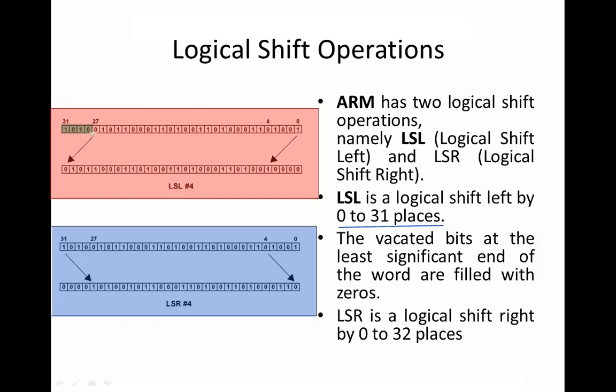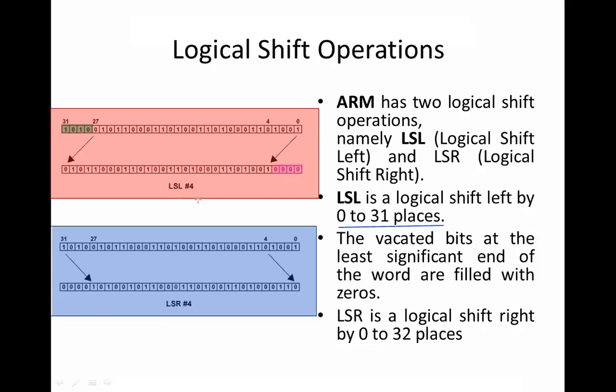It has just shifted left. And what happens to the remaining bits? The remaining bits on the LSB side are going to be filled with zeros. So this is the operation of logical shift left.